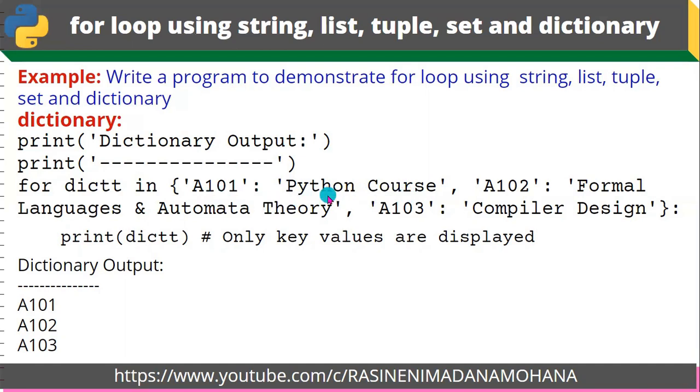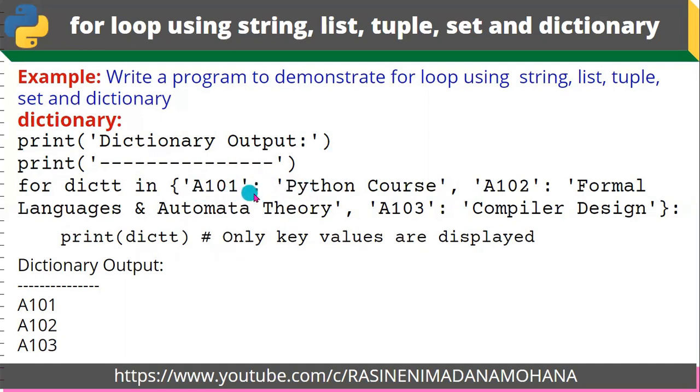For example, these are subject courses. For example, for your roll numbers, if you want to print, first you can write your roll number as the key, and the student name as the value, like that. A101 is the course code. What is the course name? Python course, comma. So here every pair is separated with a comma. Then the key and value are separated with a colon.